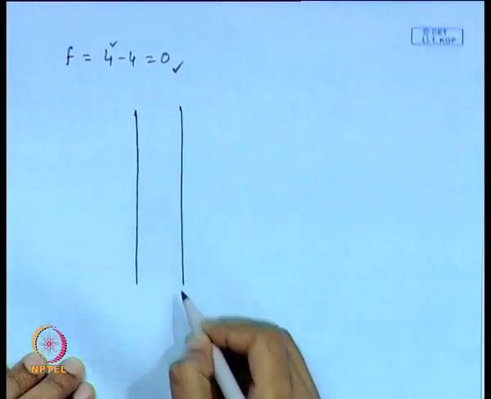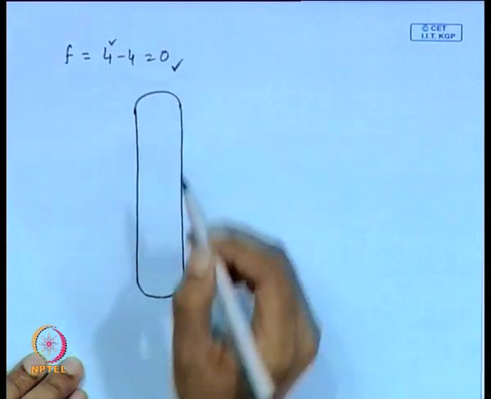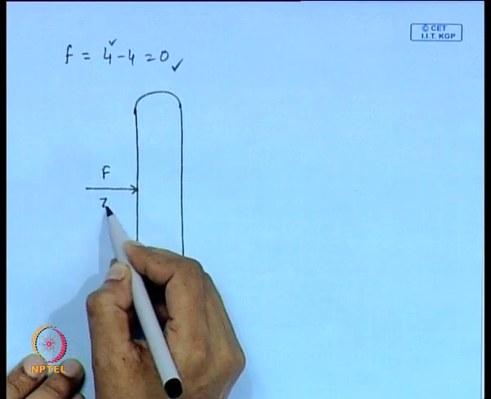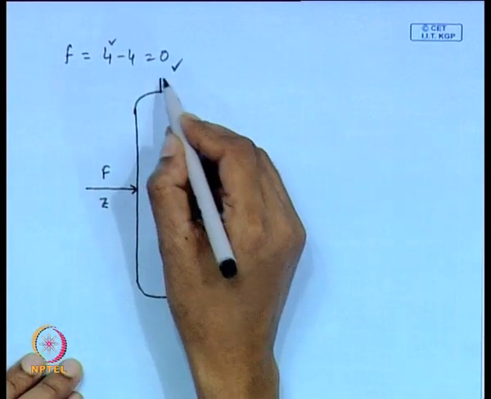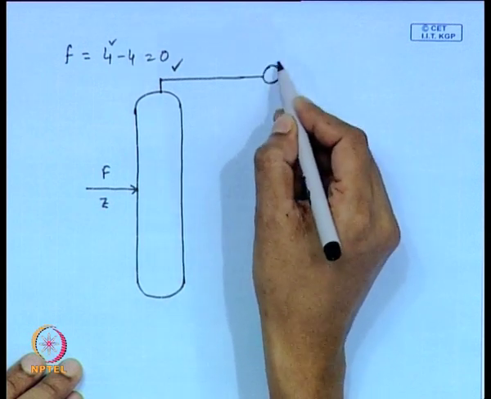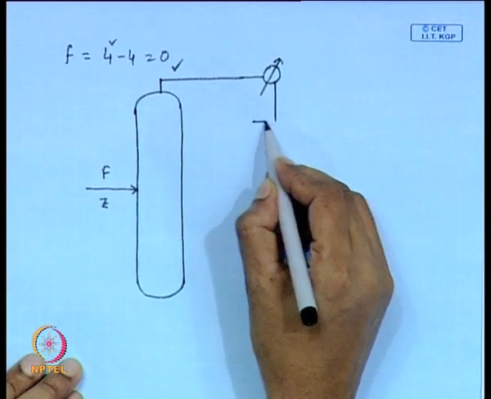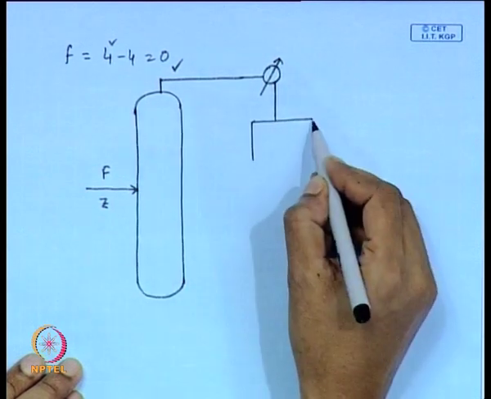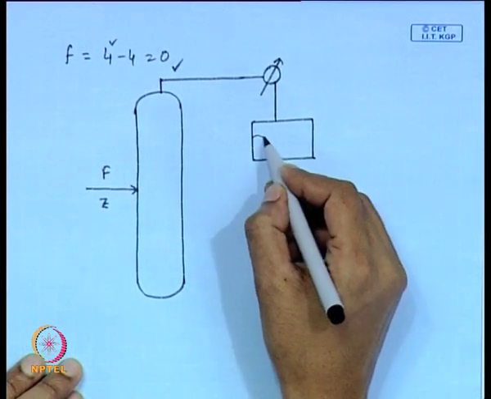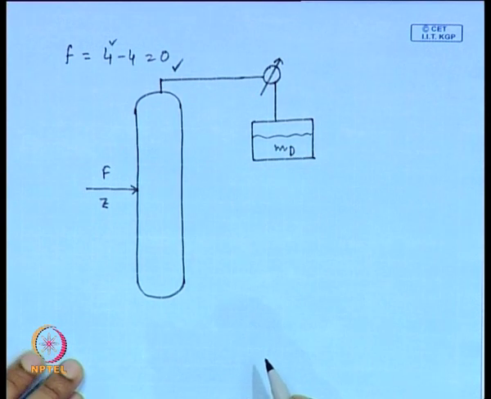This is the distillation tower, feed flow rate with composition, one condenser is installed at the top. This is the reflux drum, liquid is accumulated here, the hold up is MD.